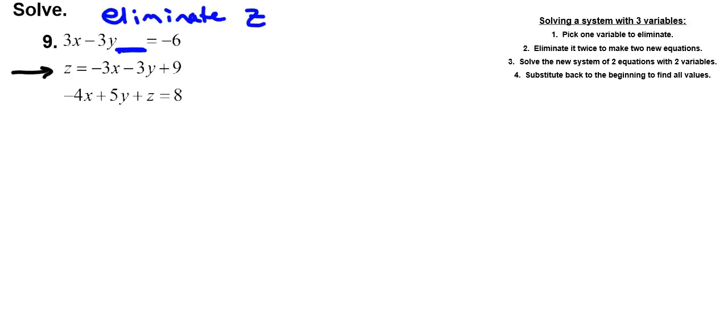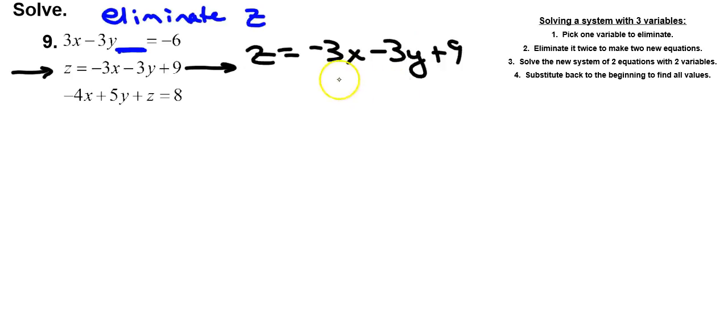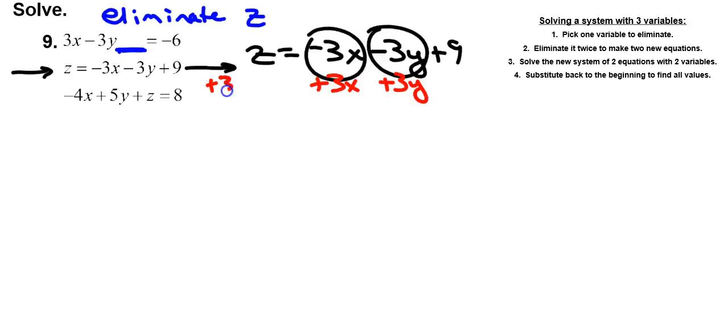So what I'm going to do is rewrite this equation. I need to get the x and the y over on the other side. So if we have z is equal to negative 3x minus 3y plus 9, and I want to get these two values on the other side, I'm going to simply add 3x and add 3y to the other side of the equation.